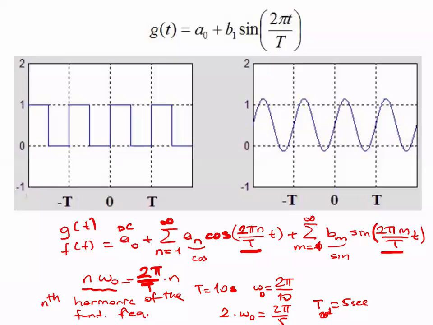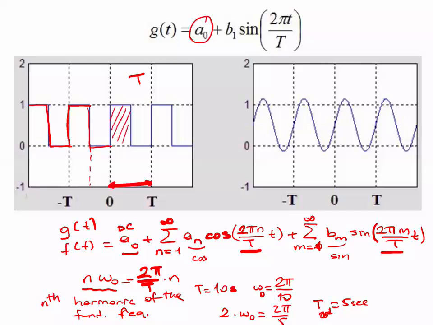We were doing some examples. If you remember, we had this periodic signal whose period is T, changing between 1 and 0: 1 for a certain amount of time, and then 0 for another amount of time within one period. We were trying to find A0, ANs, and BNs. We found A0 to be the area under the curve.